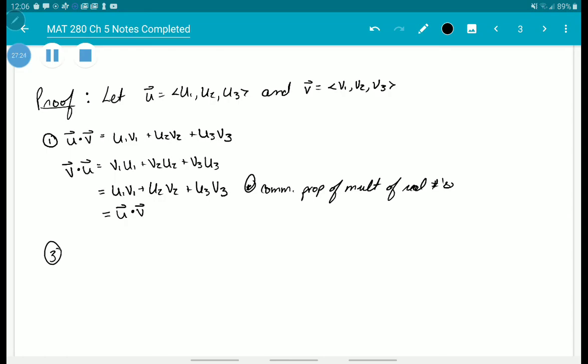And I want to look at 3. So if we take c, which is a scalar value, so we're going to let c be a scalar. So we have c times that dot product.